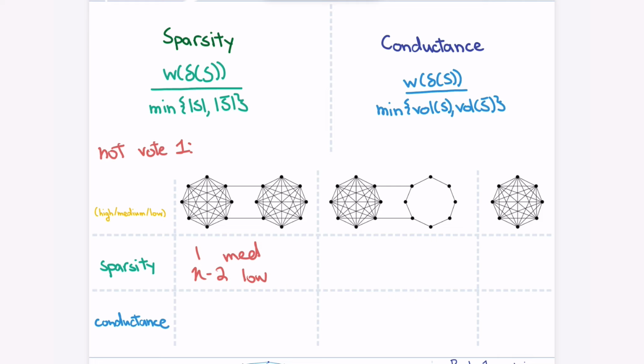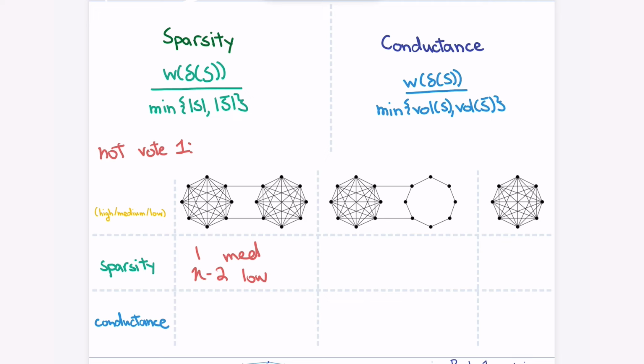We'll do all the sparsity rows first. Let's take the next graph. Who thinks this will have high sparsity? 2. Who thinks this will have medium sparsity? 5.